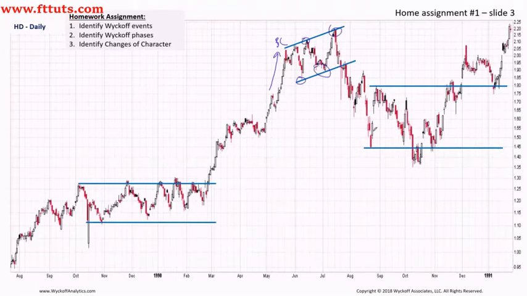The next point would be the automatic reaction, followed by the secondary test. Okay, phase A. And then followed by phase B, where the price comes and tests.